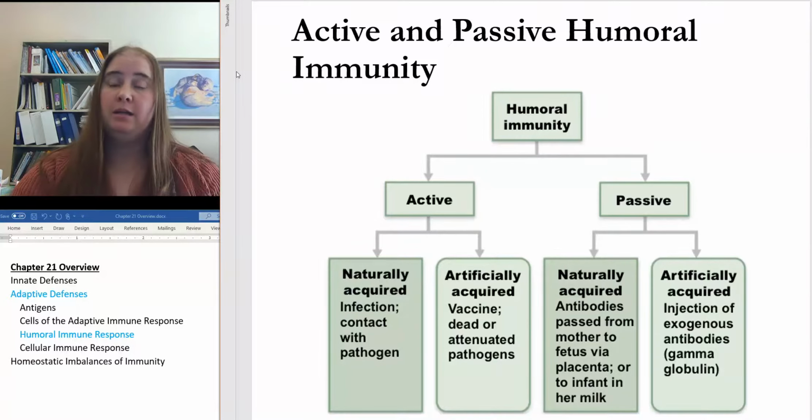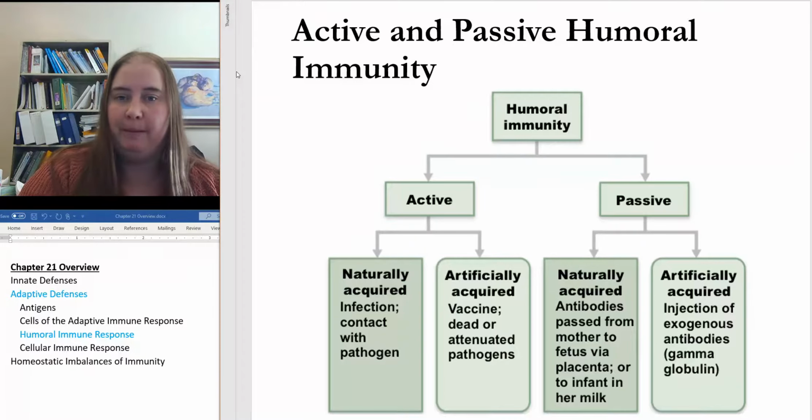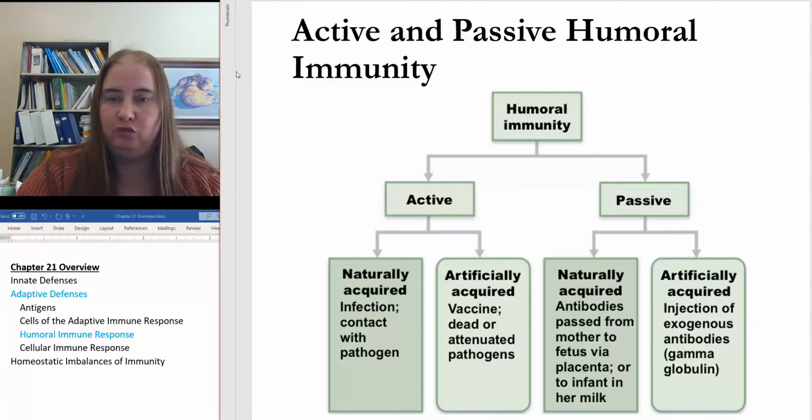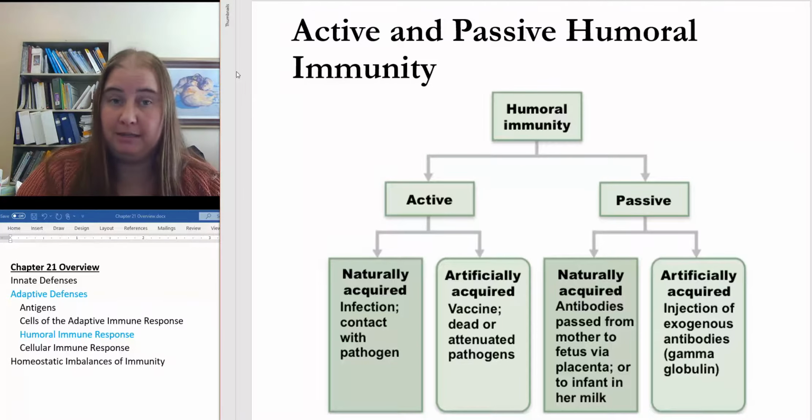Now, when we talk about immunity, that immunological memory, that ability to generate an immune response, there are 2 types of humoral immunity that exist.